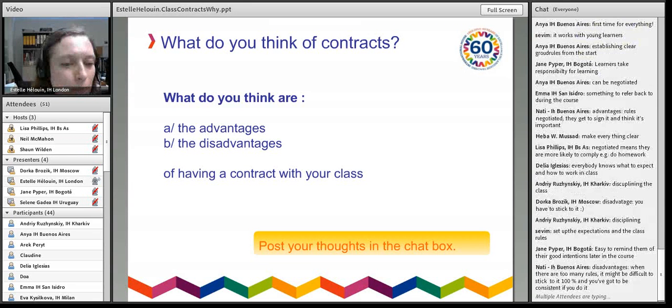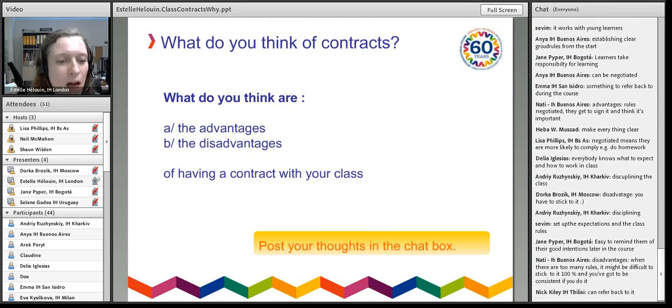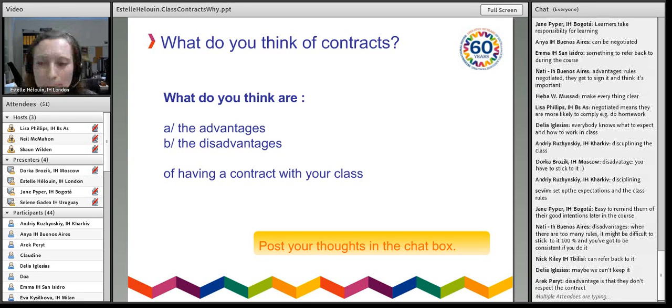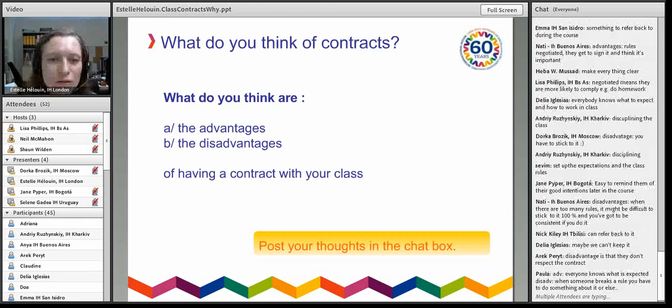Now, for people who have tried contracts, but also for those who've never tried them, could you write in the chat box what you think the advantages and the disadvantages of having a contract with your class are? So if you take a few seconds to write the advantages and disadvantages of writing a contract with your class.